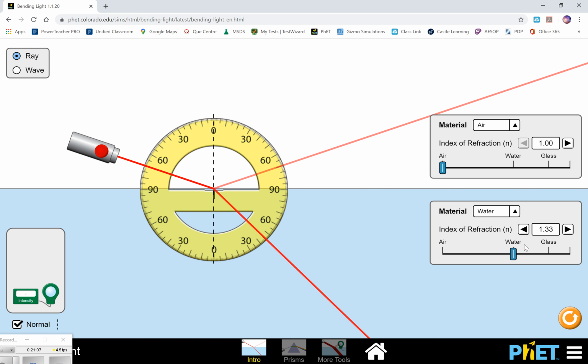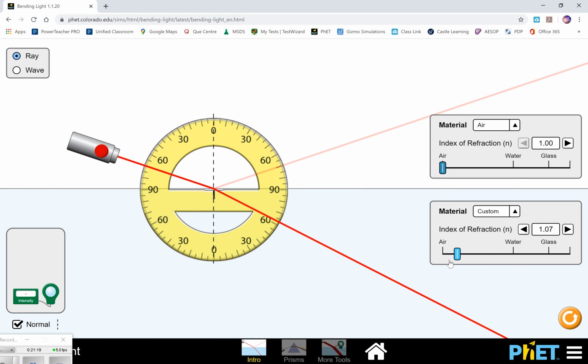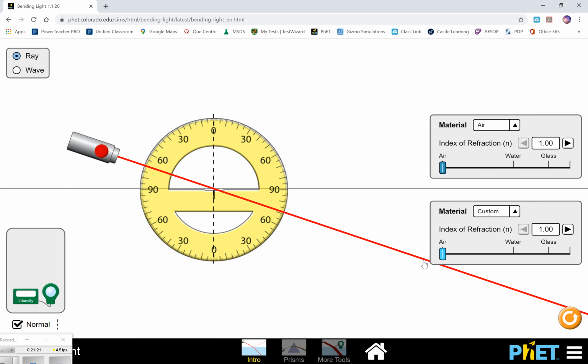Now if we change this medium, and we'll talk shortly about the index of refraction, but if we change this more towards air, we can see that the angle of refraction changes to the point where nothing's being reflected and nothing's being refracted because we have the same medium, air and air.